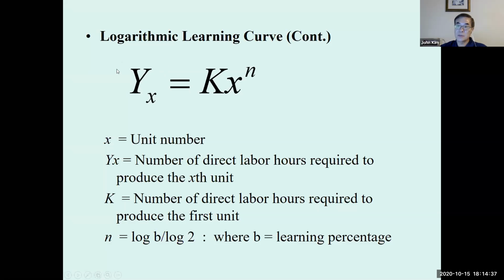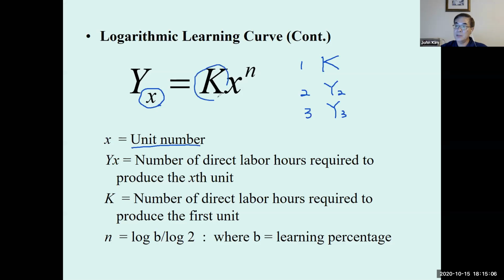On the y-axis, the first unit is k, that is the first one, and the second one is y2, the third one is y3, and so on. So yx is the unit number.